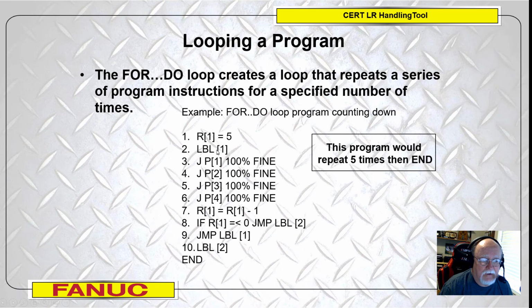So every time this goes through all the position moves and gets down here, R1 equals R1 minus 1, it'll subtract 1. So then if R1 equals or is less than 0, jump to label 2. So again, a way of doing the same thing that we did in the other program, but using fewer lines of code. So we used subtraction instead of addition to do that.